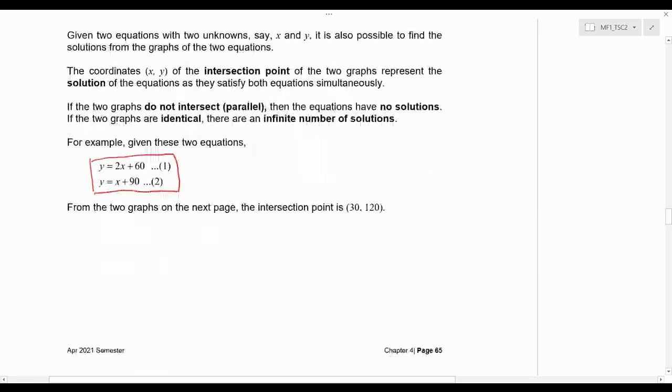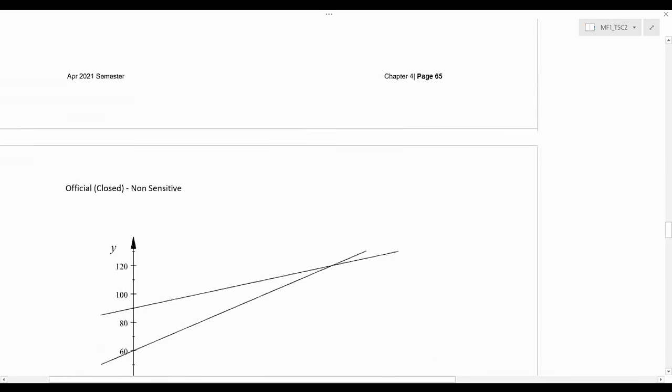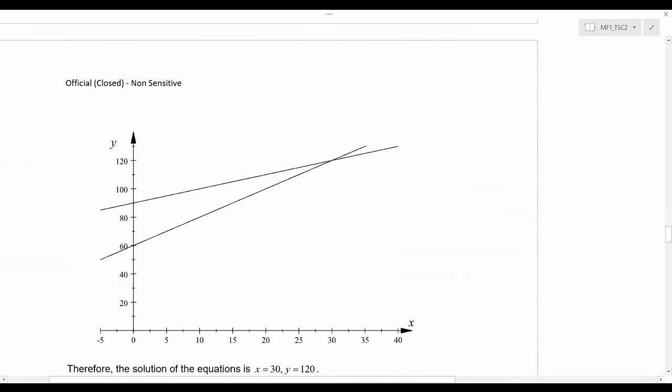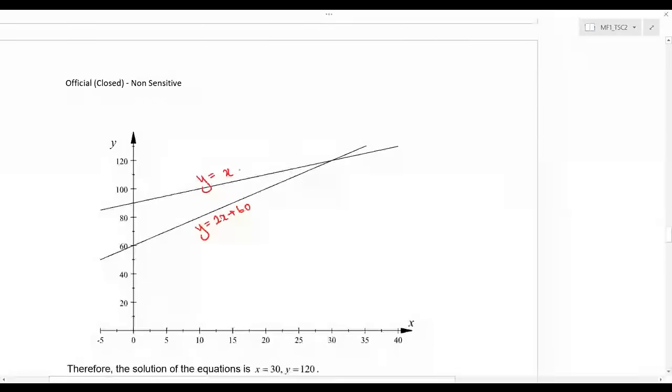Okay, let's see. For the equation here, 2x plus 60 would be this line, y equals 2x plus 60. The other line would be y equals x plus 90.